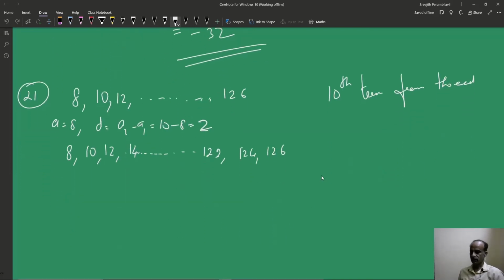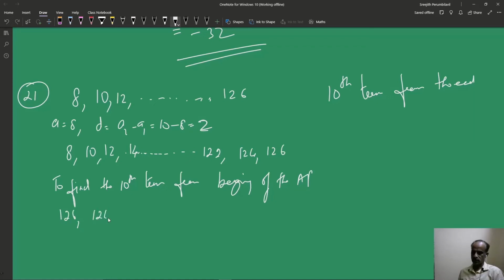The 10th term from the end is found by reversing, that is, finding the 10th term from the beginning of the reversed AP: 126, 124, 122, etc., 14, 12, 10 and 8.